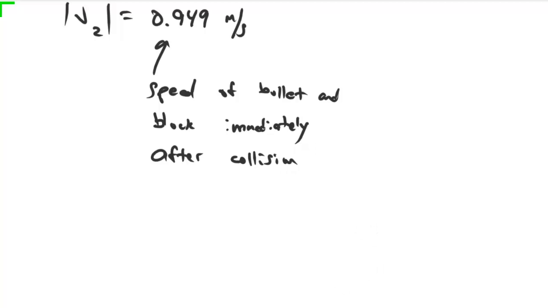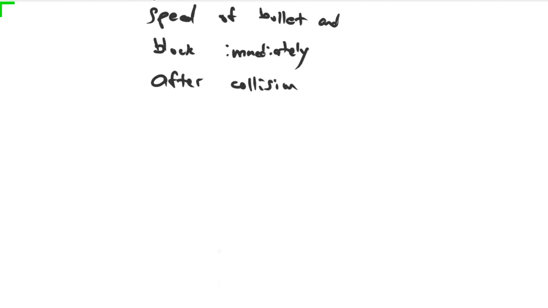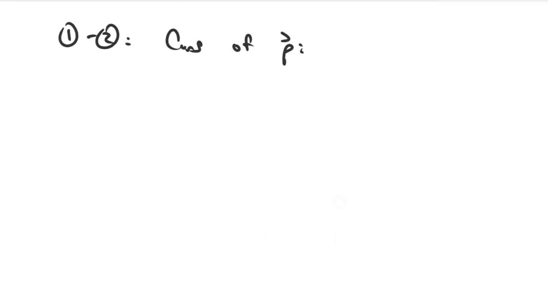Okay, so now that we have that speed, we can use conservation of momentum from 1 to 2. So from 1 to 2, conservation of linear momentum. So then I guess the momentum at 1, write it out this way.